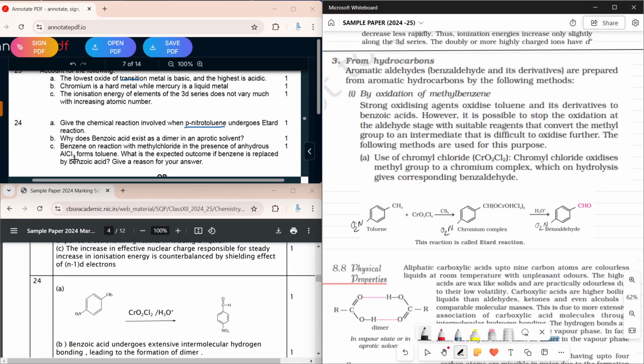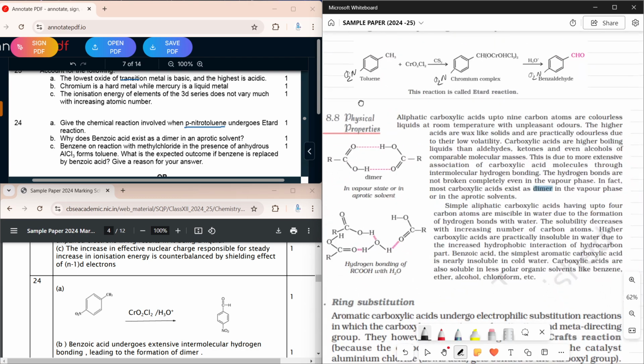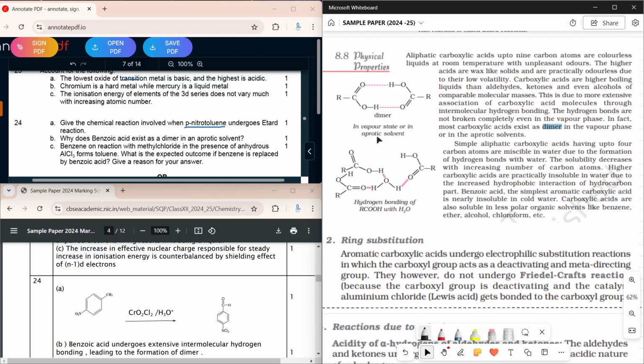The next question you have over here is, why does benzoic acid exist as a dimer in an aprotic solvent? Now, again, this is related to the chapter aldehydes, ketones, and carboxylic acids. It's specifically about the physical properties of carboxylic acids. So carboxylic acids like to stay in a dimer state in an aprotic solvent because of intermolecular hydrogen bonding.